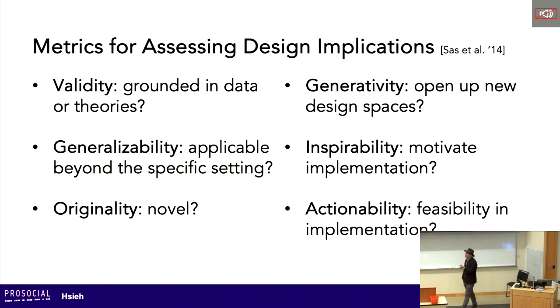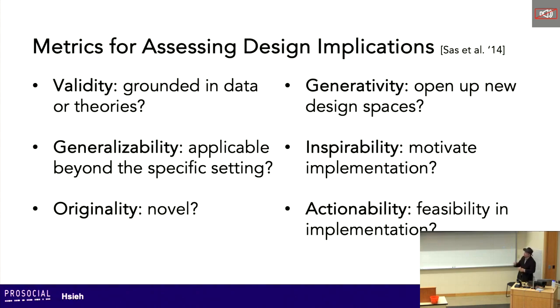What I like about this work is that if you sit back and take a look at these, you notice that in the scholarly publication context, when we do peer evaluation, what we often focus on are the metrics on the right. Right? So when we review a paper and we're deciding whether or not to accept it, we're asked to rate whether or not the work is valid, whether or not it's generalizable, whether or not it's original.